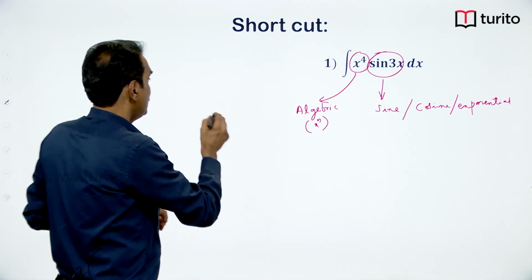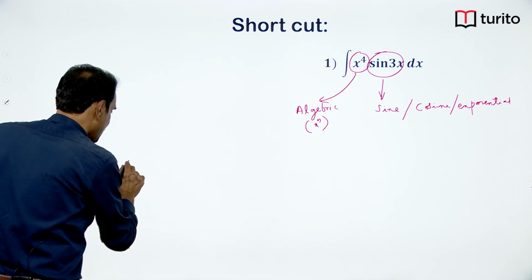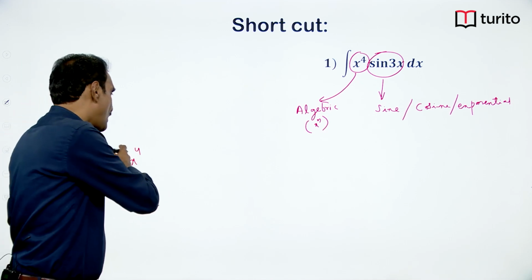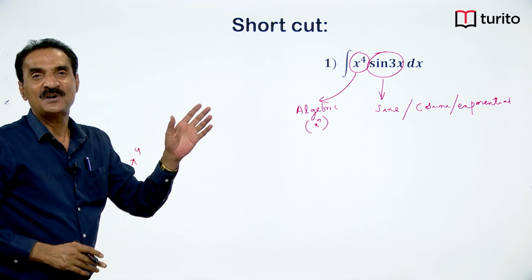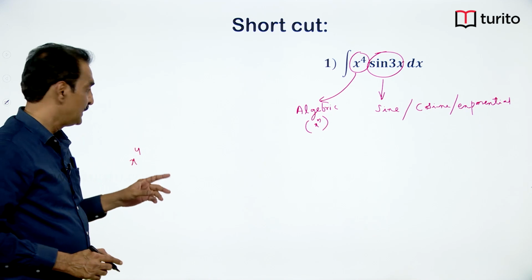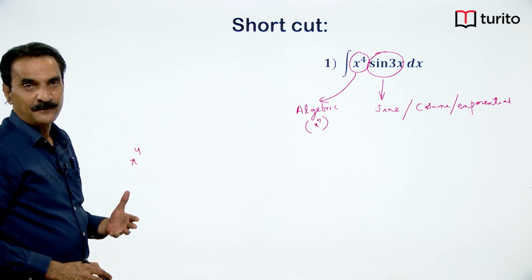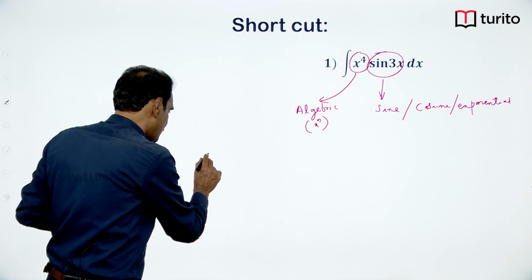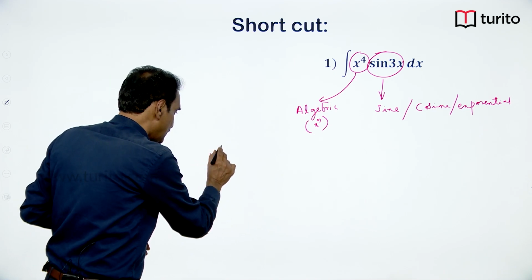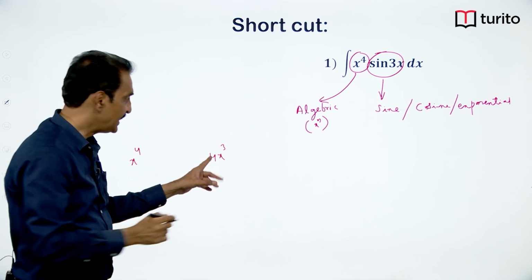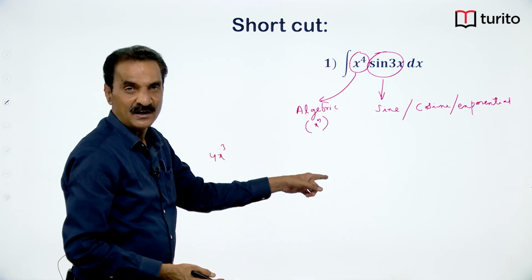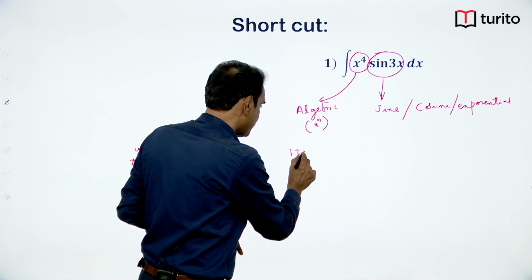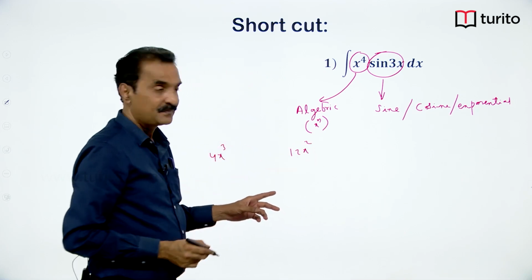Okay. You write the differentiable function and go on differentiating it as far as possible till you get a constant. What is the derivative of x power 4? 4x cube. Keep some distance, write its derivative. Again keep some distance, write its derivative. What is the derivative of 4x cube? 12x square.